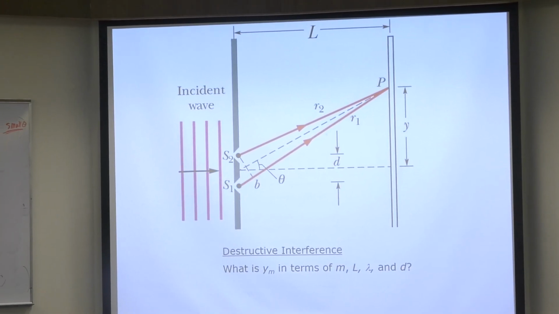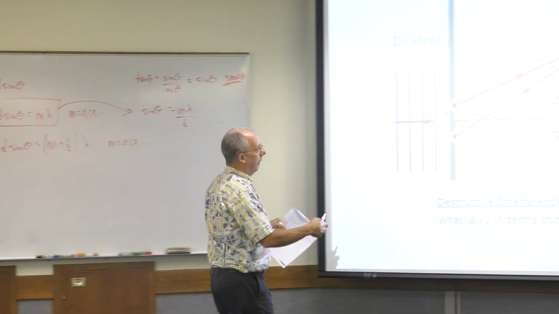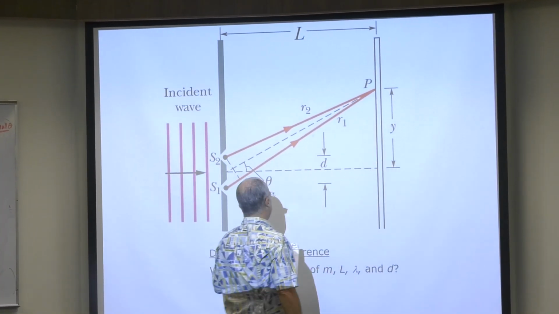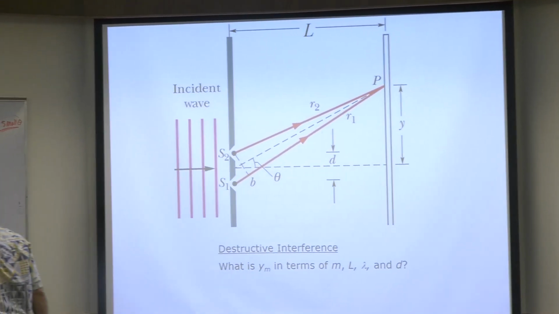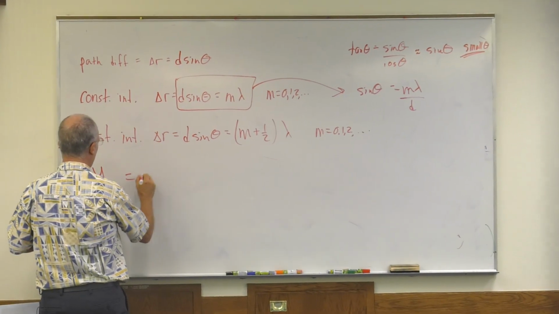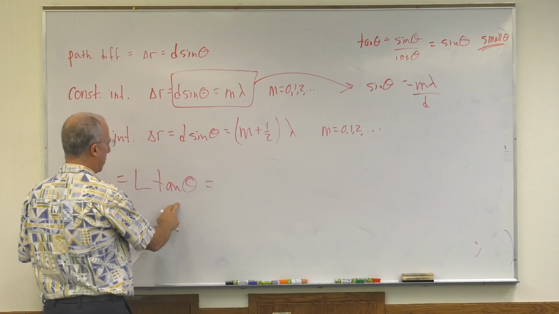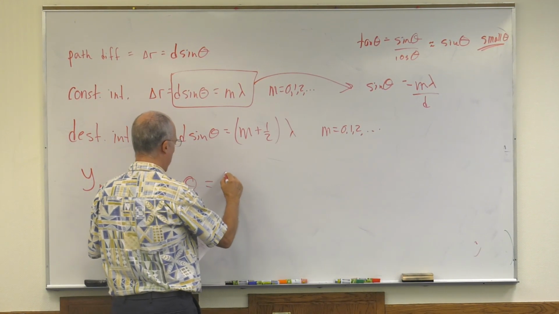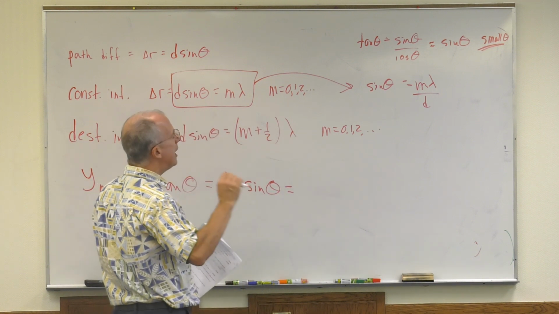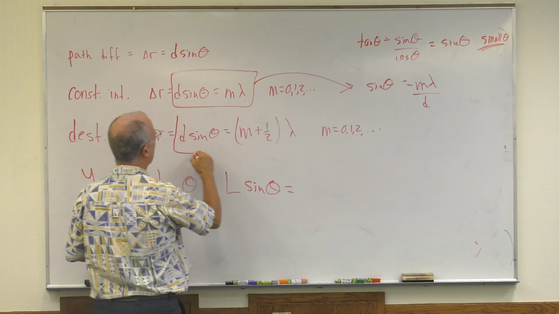All right, we're back. It's very similar. Again, we know L, and we're trying to find y, so we're going to use tangent. ym equals L tan theta, but tangent theta equals sine theta, or close enough. So we have L sine theta. But now it's destructive interference, so we're going to use this.